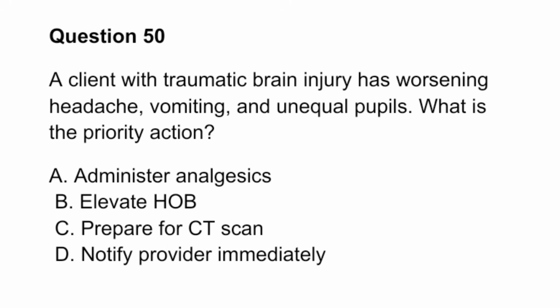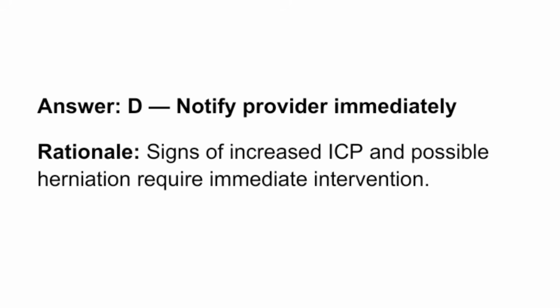What is the priority action? A. Administer analgesics. B. Elevate HOB. C. Prepare for CT scan. D. Notify provider immediately. Answer D. Notify provider immediately. Signs of increased ICP and possible herniation require immediate intervention.